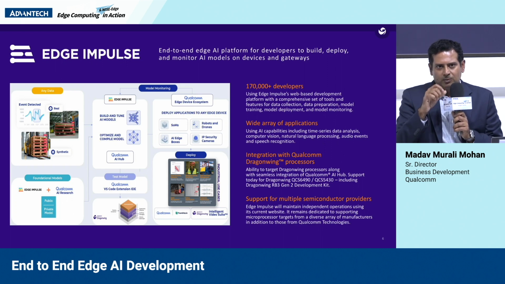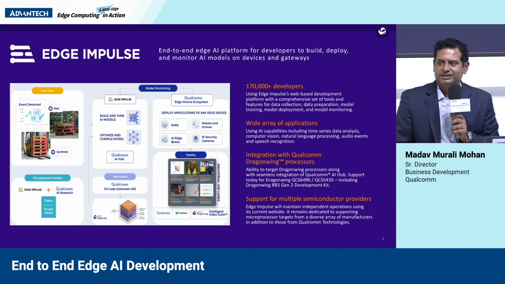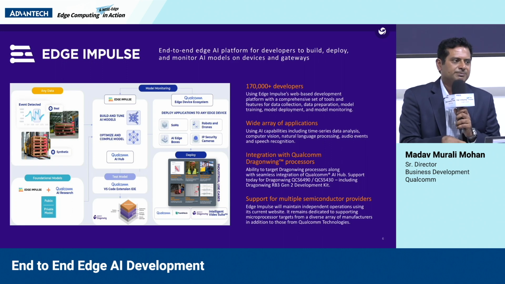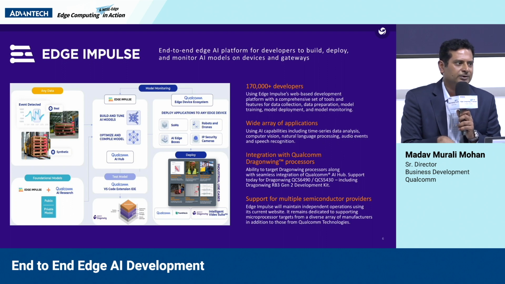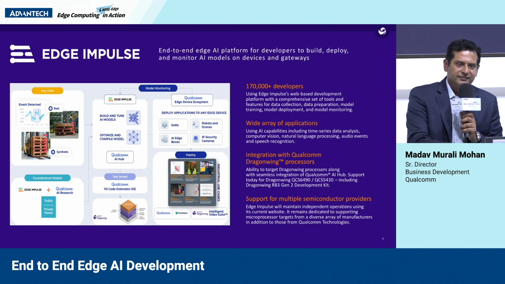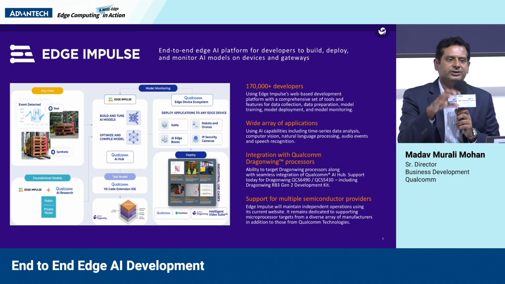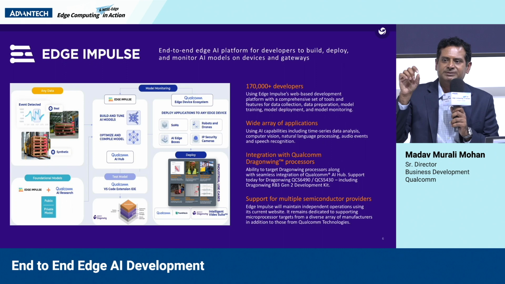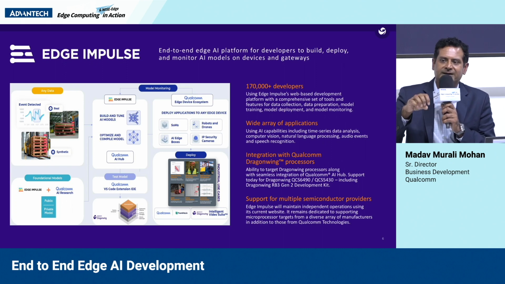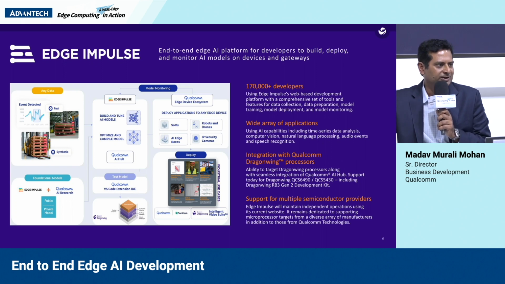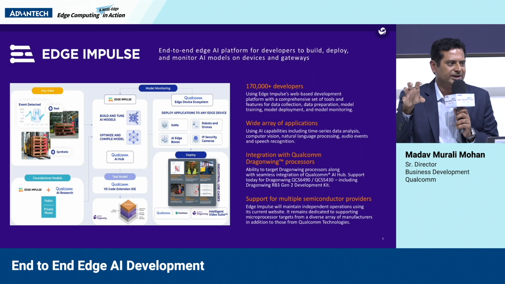But one very important thing is, Edge Impulse, before they just became part of the Qualcomm family a month ago, has support for multiple semiconductor providers. So you could select and say, I want to optimize this model for chipset vendor A. Chipset vendor somebody else, you can do that too.